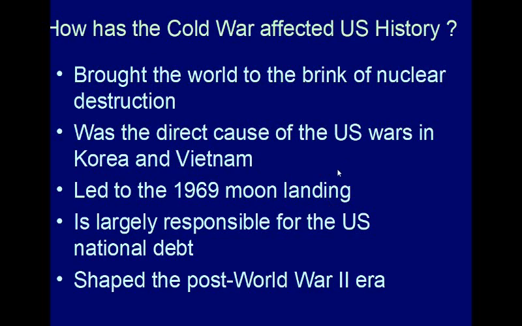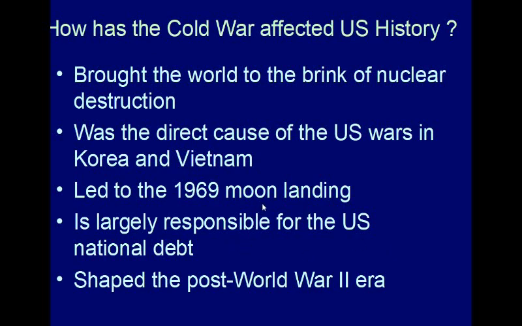But please remember that actually the first satellite to orbit around the planet was Soviet. It's true, the Cold War was very expensive.